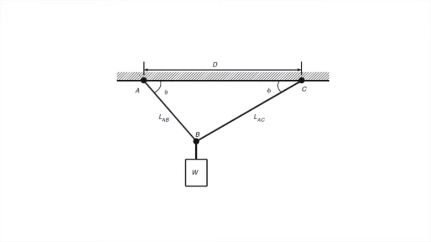There is a distance labeled D between the two anchor points that is measured in feet, and the cables are holding a block with a weight of W, which is measured in newtons. There are also two angles, theta and phi, that are made between the two cables and the ceiling.